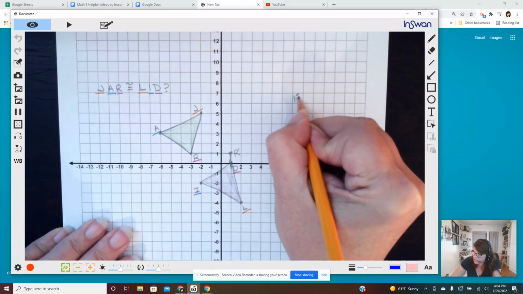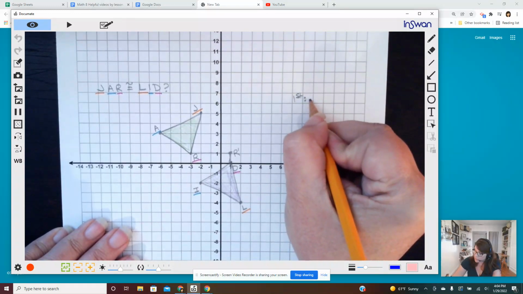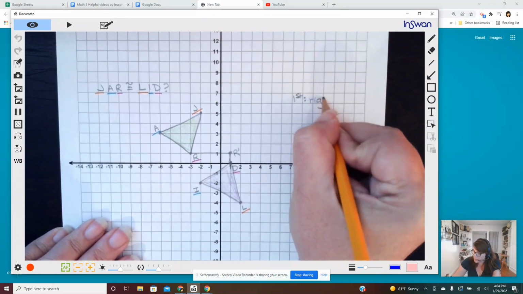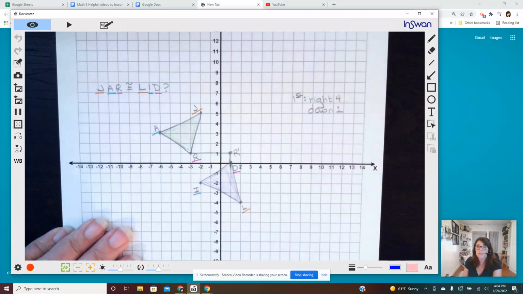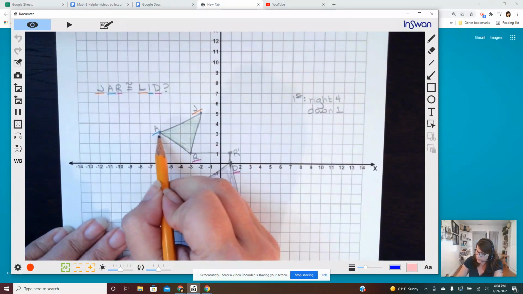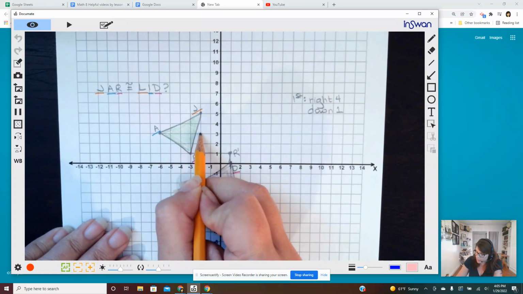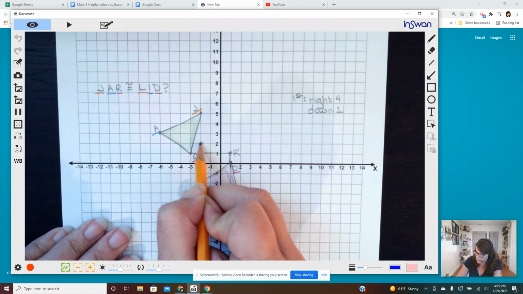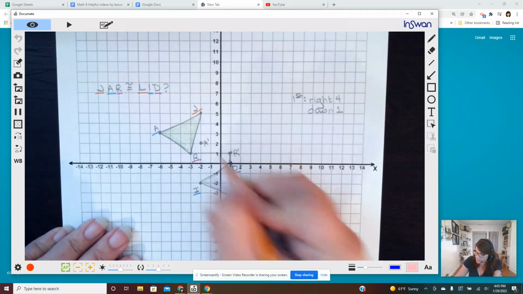So first, I'm checking out right 4, down 1. And yes, this sounds like I'm playing some kind of game. What if I took A and went right 4, 1, 2, 3, 4, down 1, and that became A prime?